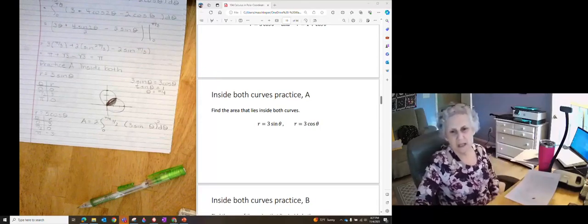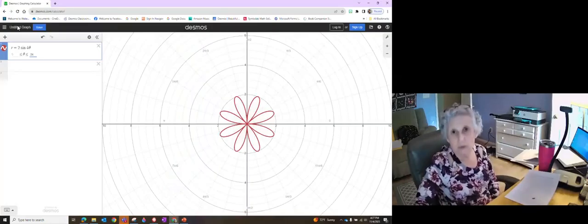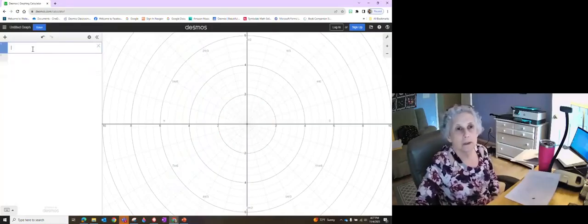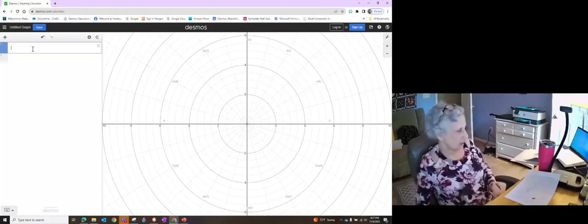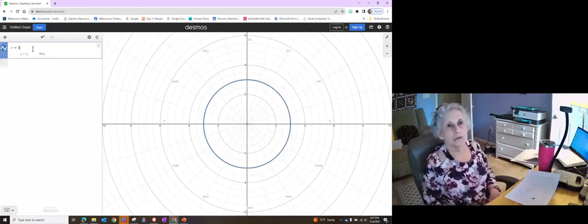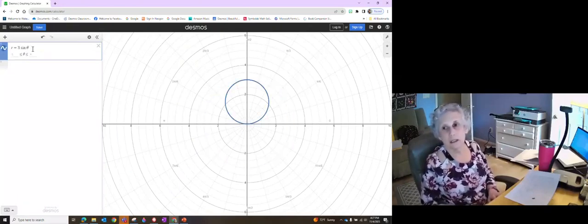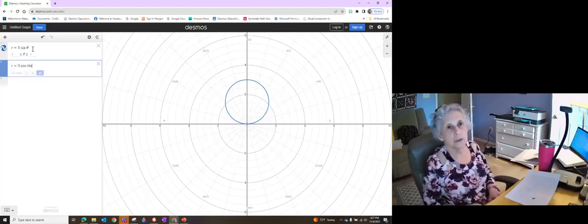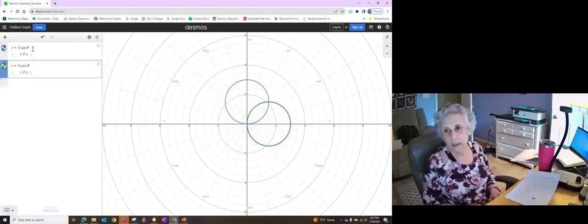Now let's take a moment and look at that on Desmos. I'll get rid of the old stuff. I put in r equals 3 sine theta, r equals 3 cosine theta. And I want this little football right here.